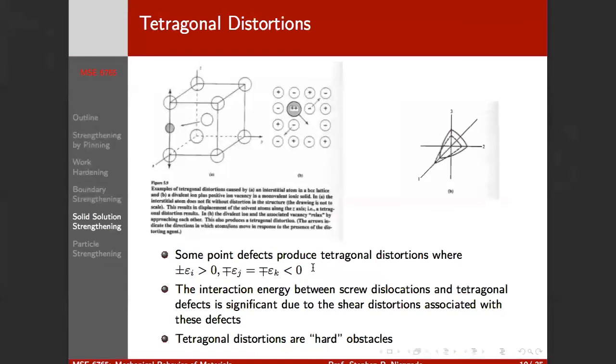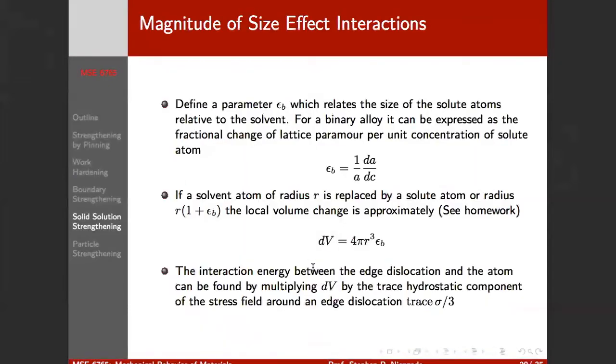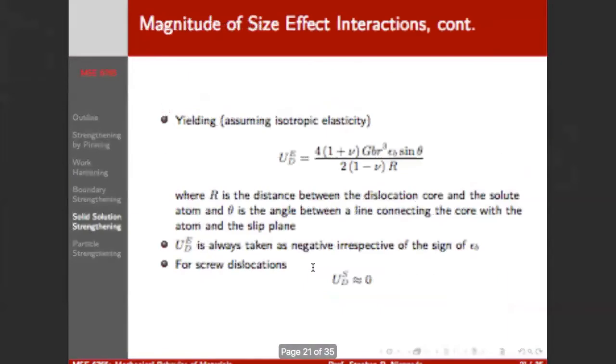Plus, they interact with screw dislocations, whereas a substitutional atom doesn't. So these are hard obstacles.